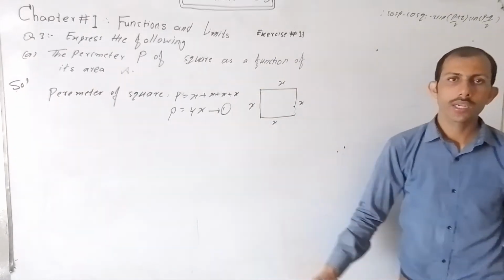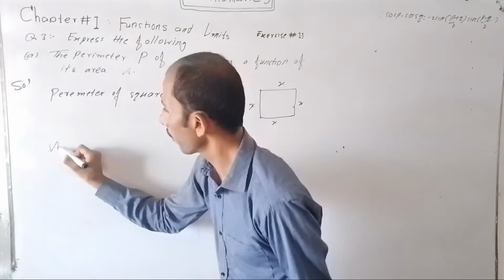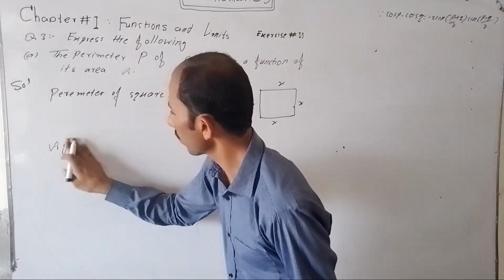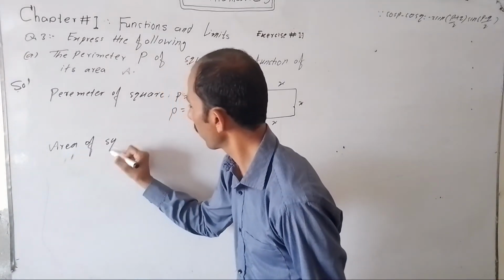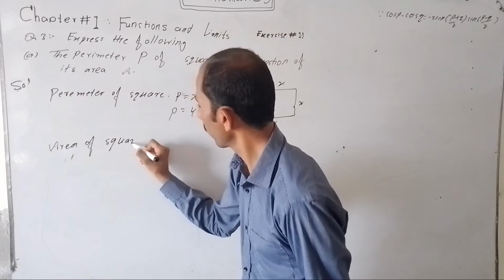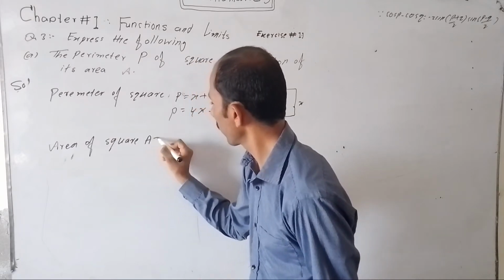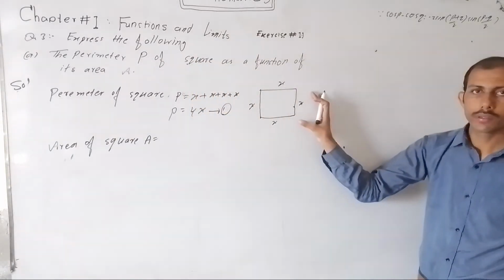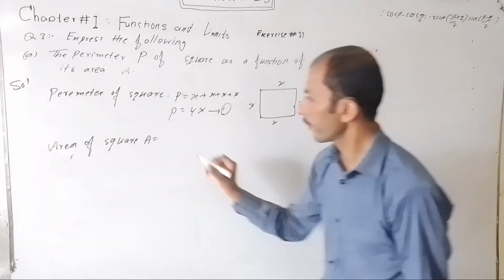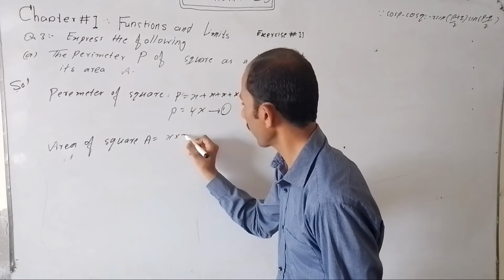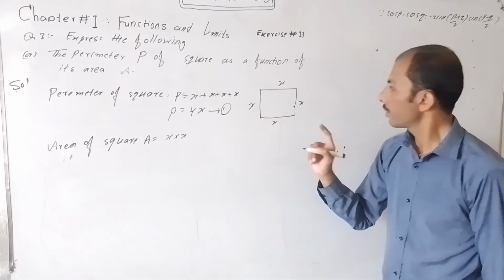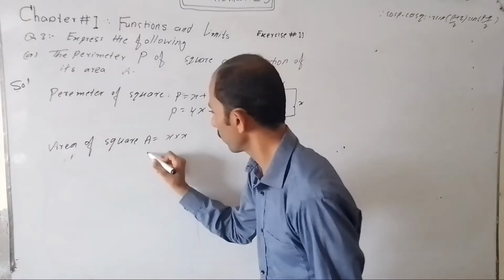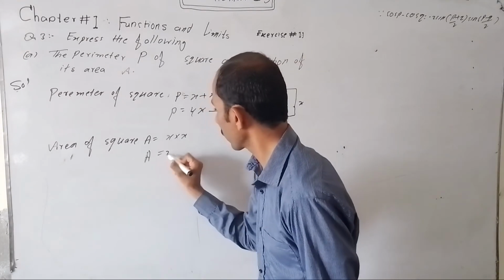Area of square is equal to length multiply width. So x multiply x, it means A is equal to x square.